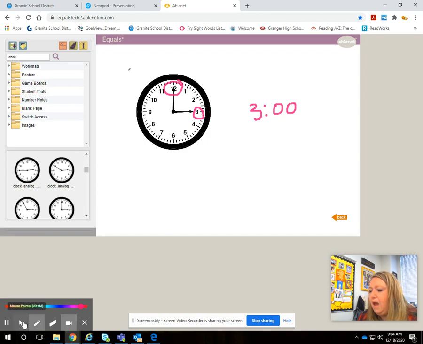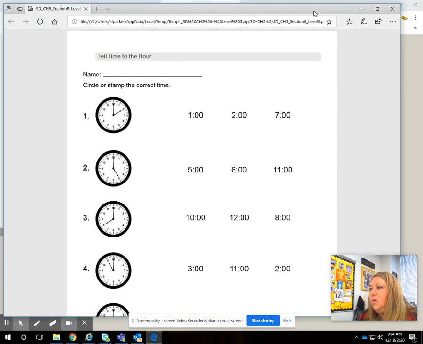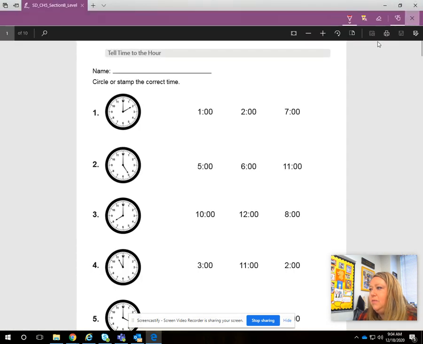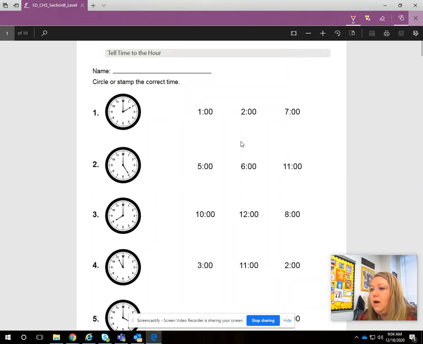Okay, I'm going to go ahead and drag over here our worksheets that we've been working on. I do need a pen here so that I can circle the right time. And on this worksheet today, you are actually going to be identifying what time it is on this analog clock.